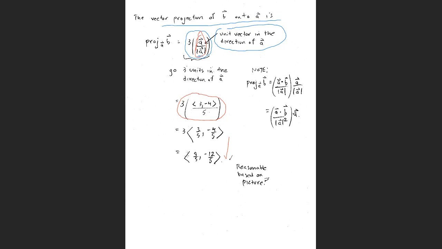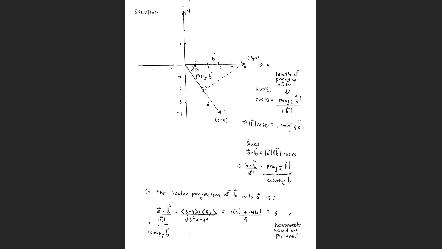If you go back to the picture, does this have coordinates 9/5, negative 12/5? 9/5 is almost equal to 2, so the x coordinate looks pretty close to 2. And then negative 12/5 is a little bit more than negative 2.